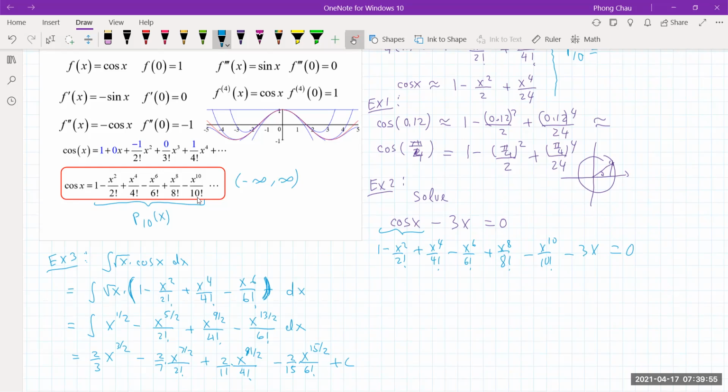Sometimes when we have a series and a function, if you look at both sides, they're not always the same because on the right side, sometimes it diverges. In other words, when you plug in, you get infinity.